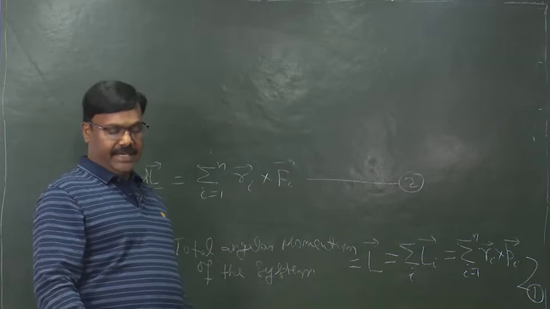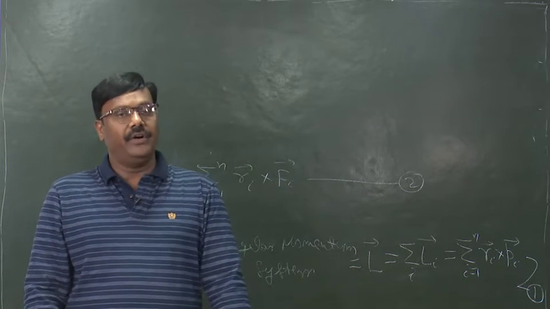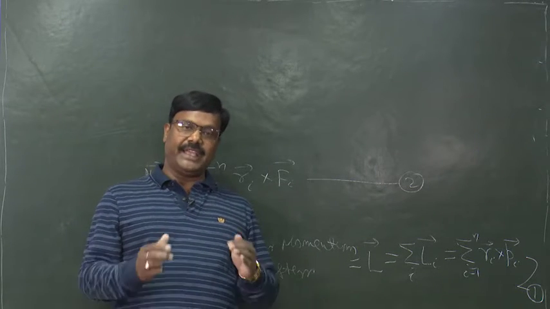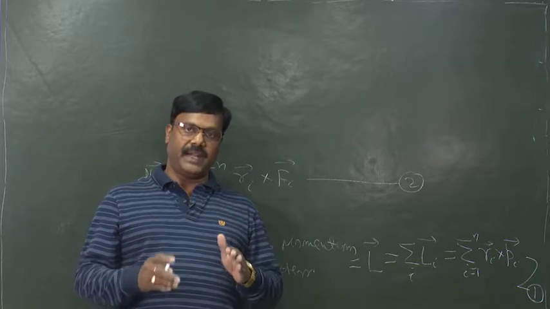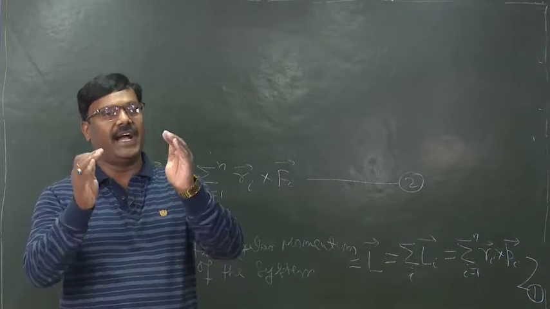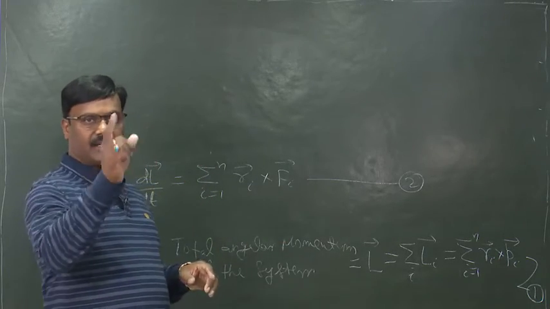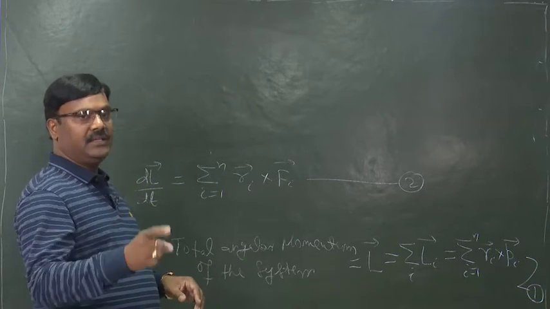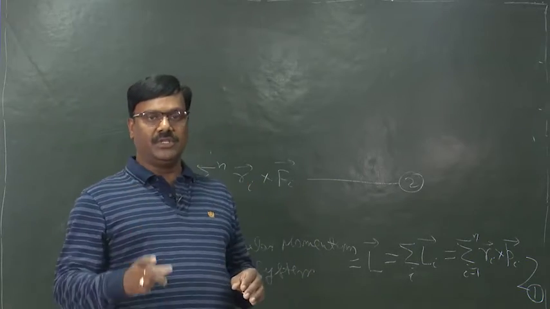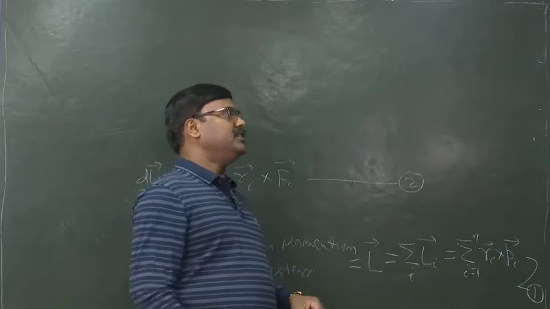But in case of a system of particles, the net force on a particle is equal to the sum of the external force acting on the particle and also the sum of the internal forces acting on the particle. That means, if we consider the ith particle, then the total force acting on it will be the sum of the external force and the internal forces.